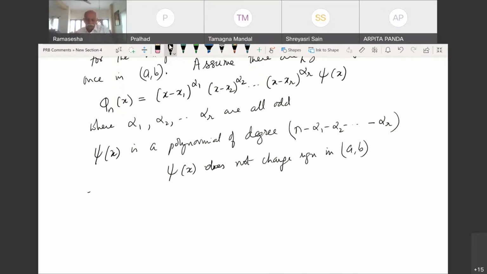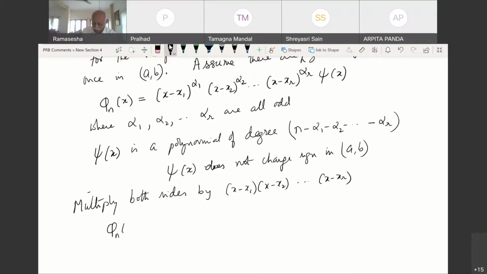Okay, so now multiply both sides. So I get P n x times (x minus x1), (x minus x2), and so on up to (x minus xr).